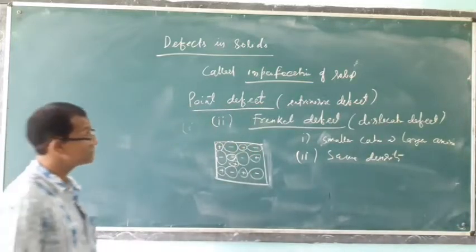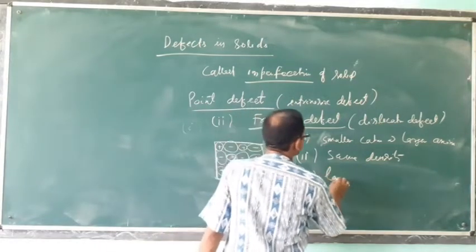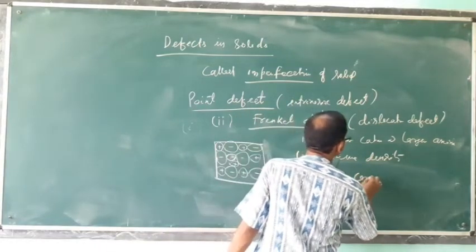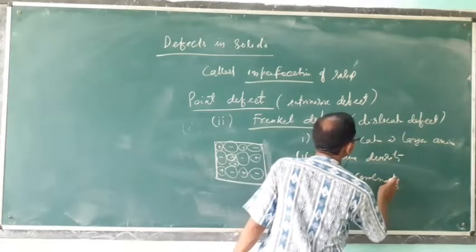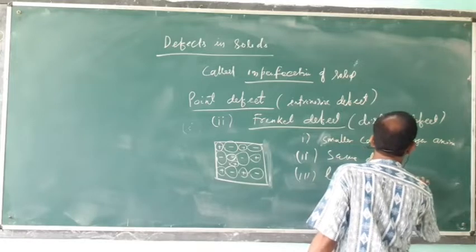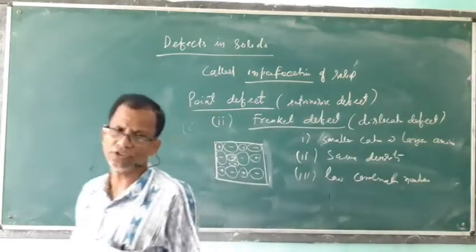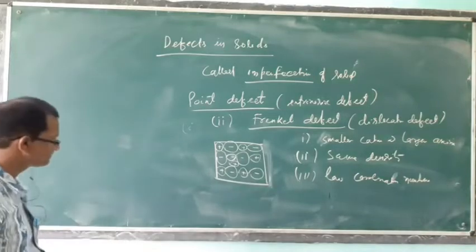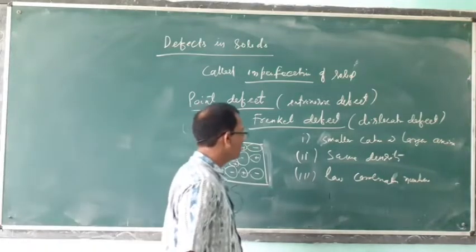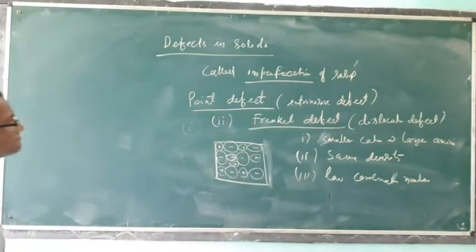Then what type of crystal shows low coordination number? Crystals having low coordination number show this type of defect. Density decreases.